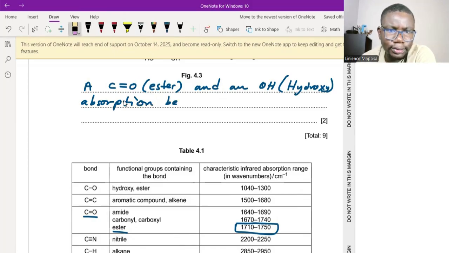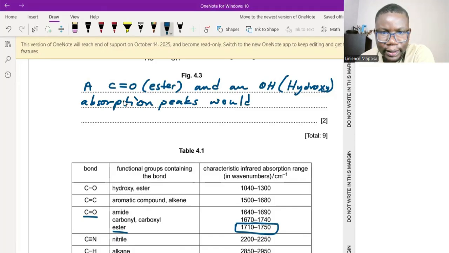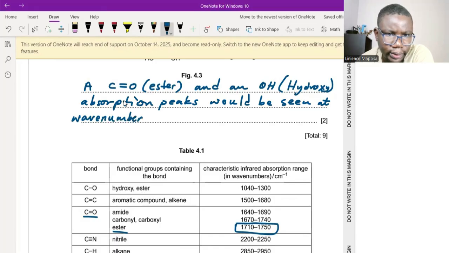Ooh, I'm tired. Absorption peaks would be seen at wave number ranges. I started with carbonyl, right?